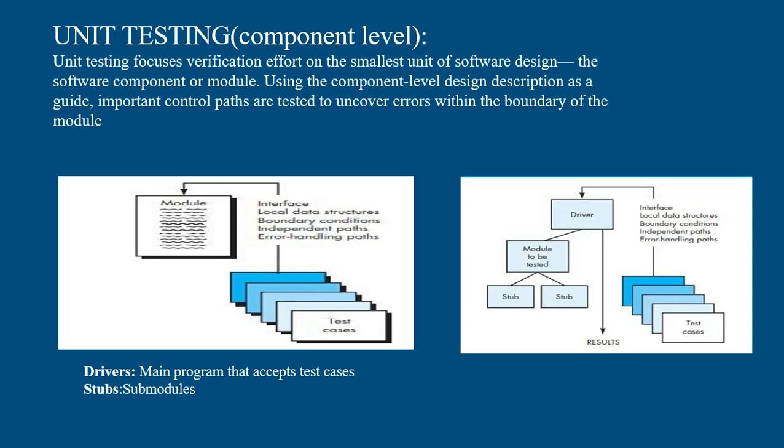Various lengths and radii will be given, so that for each validation of the data, it should show the end results in a positive way. That we call test cases. Local data structures, boundary conditions, and independent paths are covered by the test cases. One program may have 8 test cases, or another program may have 16 test cases.